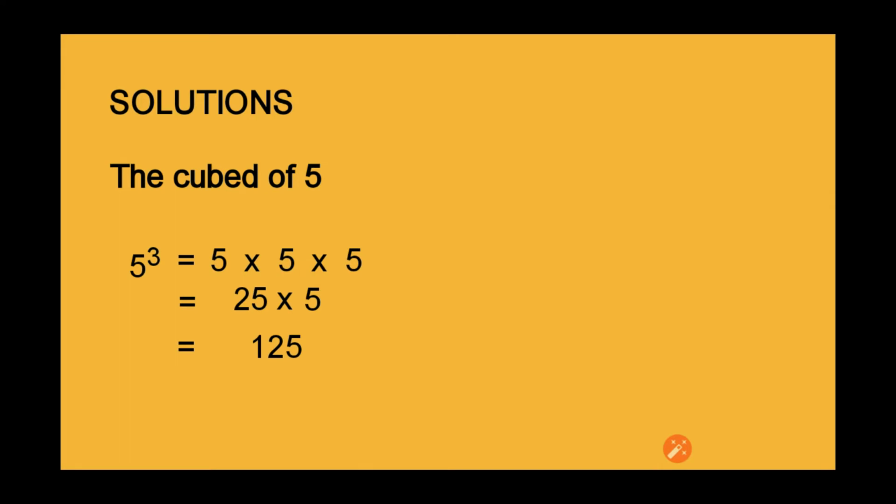So the cube of 5 is equal to 125. The cube of a number simply means you should multiply that number by itself 3 times.